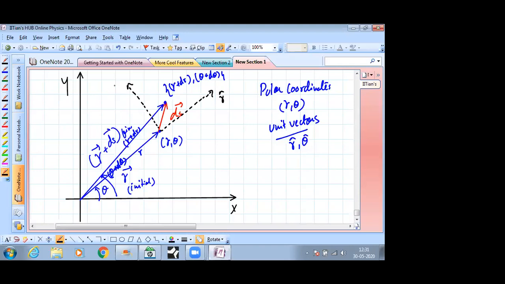This is the direction of theta cap, along which theta is increasing. So you can see that if you drop a perpendicular here, that is your dr, and if you drop a perpendicular here, that is your r d theta. Understand?